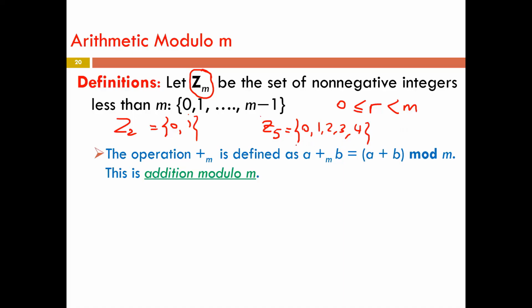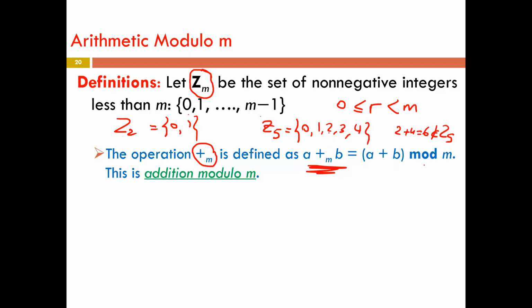Okay, and in this space we define this addition modulo m. It's not the classical addition. If you do the classical addition, 2 plus 4 is 6, which is not in Z5. The sum must be an element of Z5. Okay, it must be closed under addition. So we define the addition modulo m in this way.